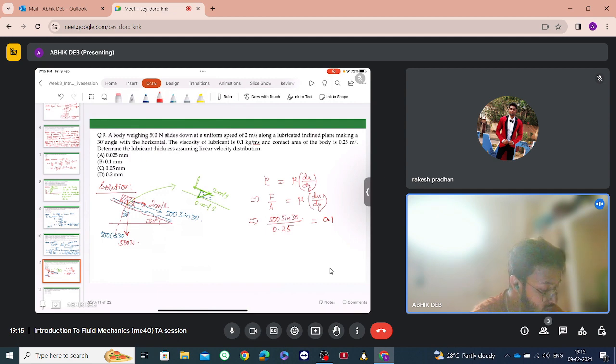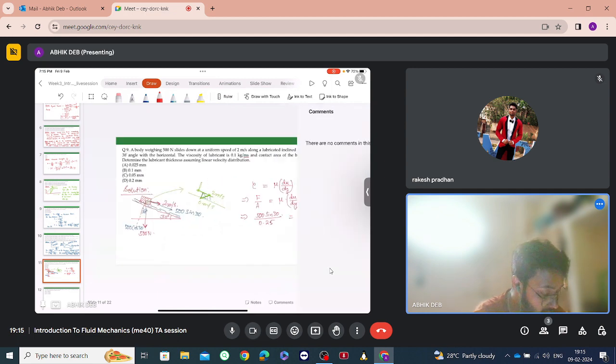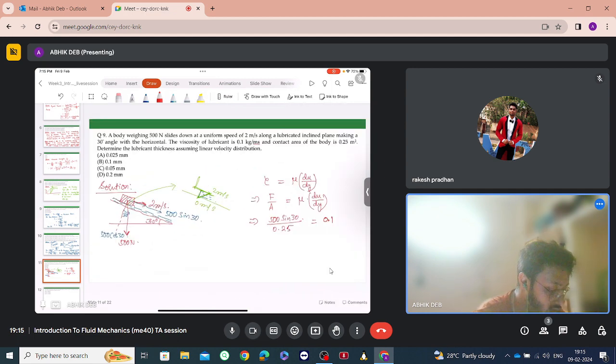And what is du? That is the slope of u, du by dy. The change in velocity is happening over a change in y, and the change in y is what we have to find. Let us denote it as h, that is the lubricant thickness. And the velocity change is from 2 to 0.